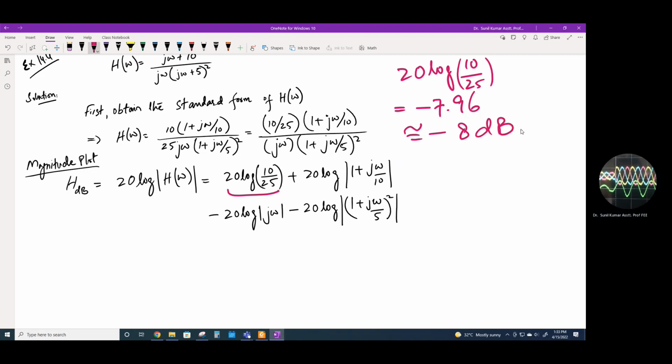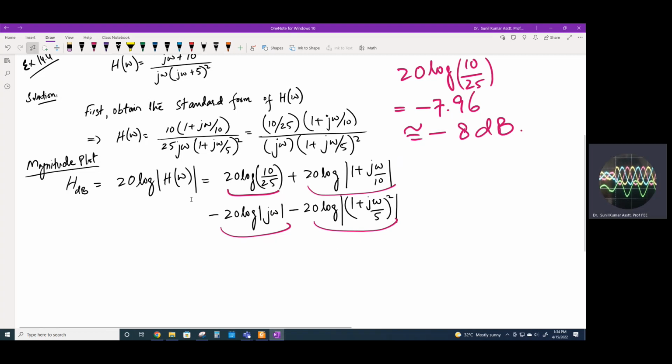All right. So we have a constant line at minus 8 dBs, we have a zero at omega equals 10, a pole crossing at omega equals 1, and we have repeated poles at omega equals 5.